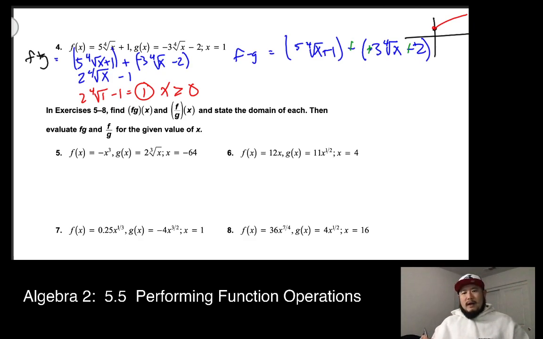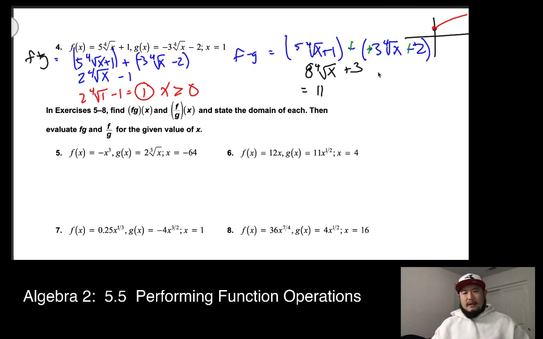So I got 5 times the fourth root of x plus a positive 3 times fourth root of x. So right there, we end up with 8 fourth root of x, and then 1 plus a positive 2 now, and that gets us 3. We'll go ahead and plug in 1 in there, and this time around, we end up with 11.